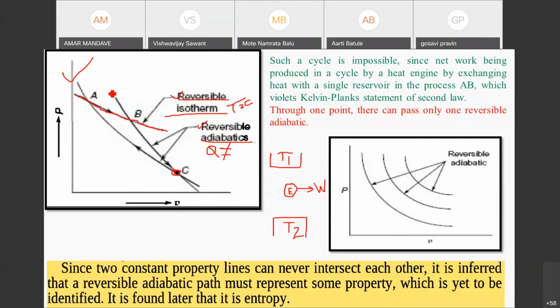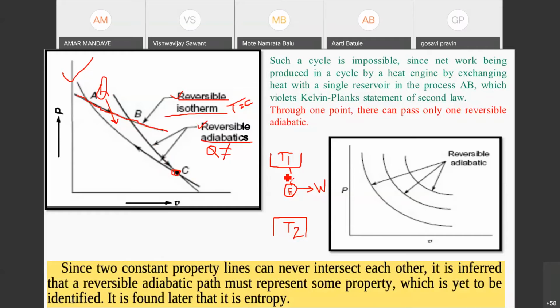Consider this is a reversible isotherm, and during this process some amount of heat will enter the heat engine. So we can say the heat will be added to the heat engine. Then for the other two processes, there will be no heat interaction with the surroundings.